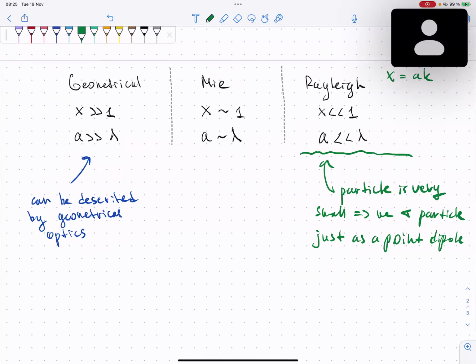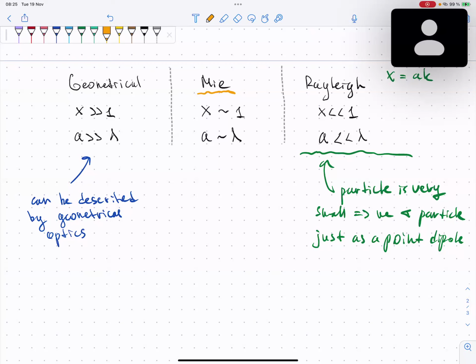But there is also one important thing: the Mie theory is a rigorous theory, in the sense that when we were deriving the Mie coefficients, we didn't make any assumptions about the size of our sphere.